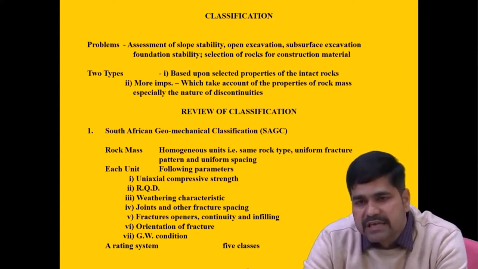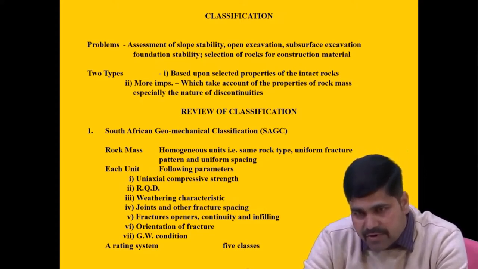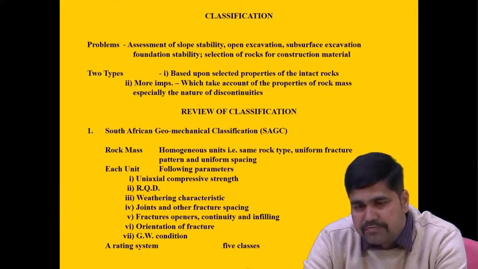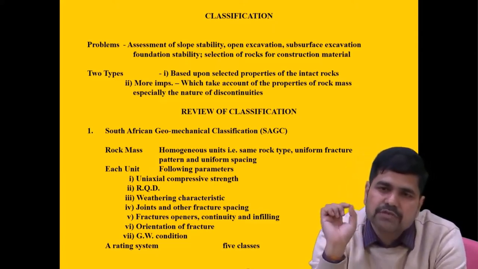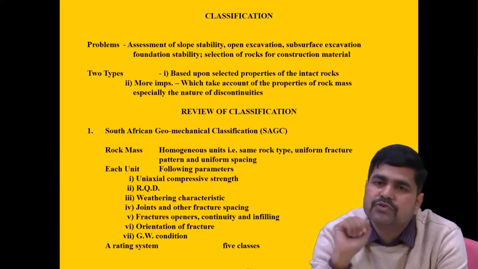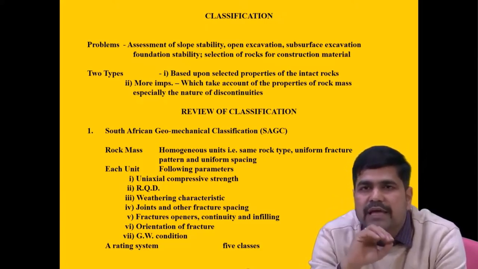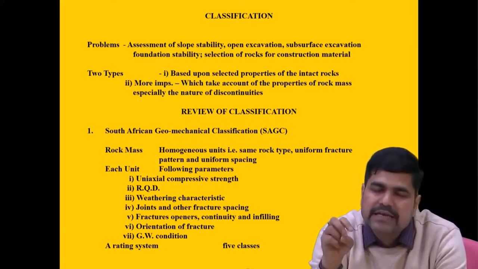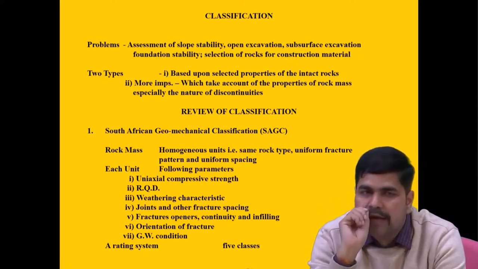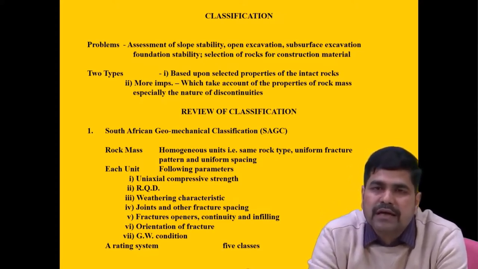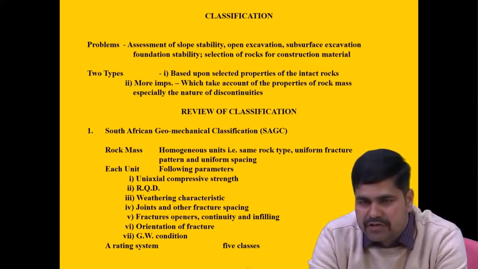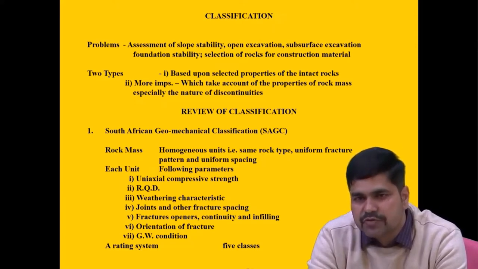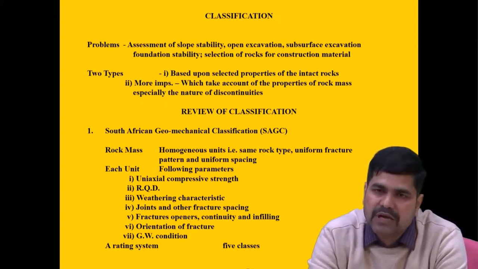So these groups give rise to 5 classes, and we have to assign certain numbers to these rocks. Suppose I am calculating all these 8 criteria and a rock gets 49 marks. So 49 marks comes between 40 and 60, so we may call it group 3 or class 3.